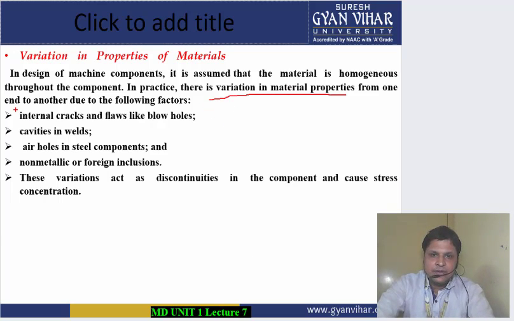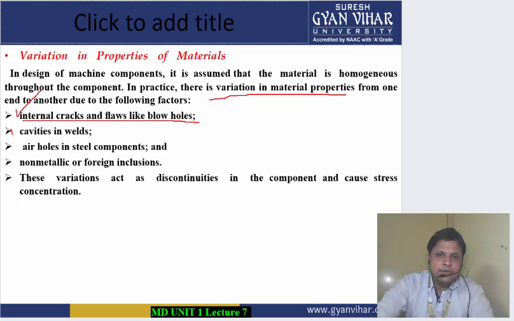There are many factors. Like first, there might be internal cracks or flaws like blowholes. There can be cavities. If welding has been done to make the product, then there can be some air cavity in that welding. Then there also can be some air holes in the steel component.